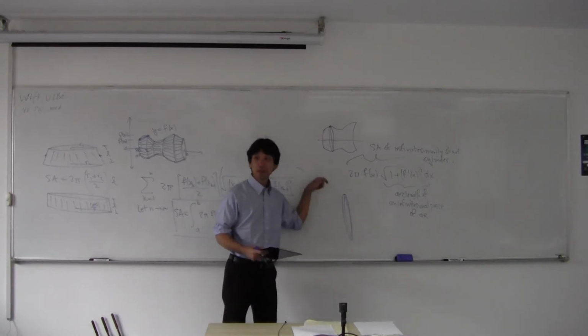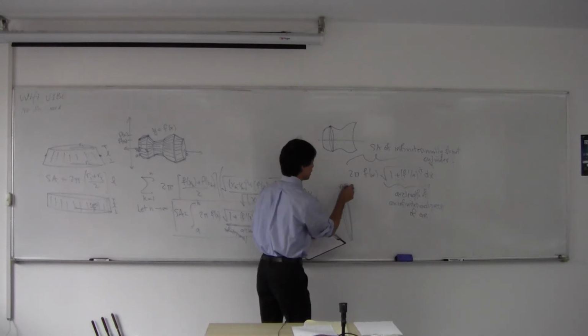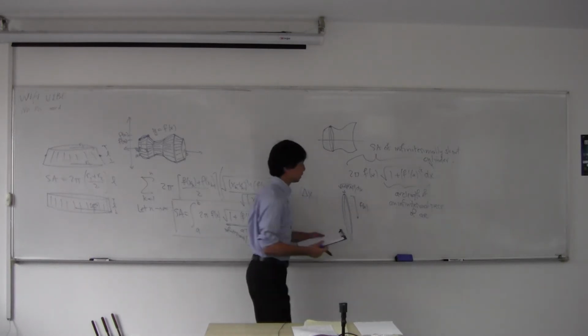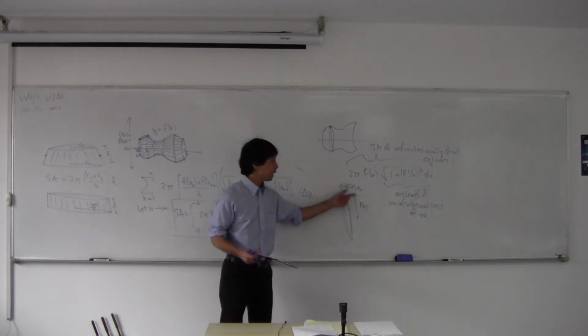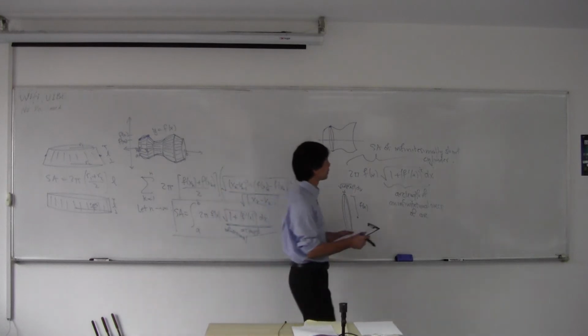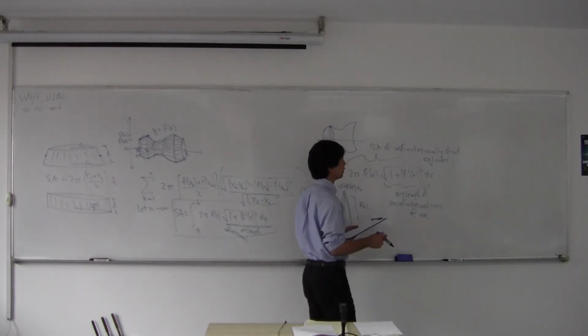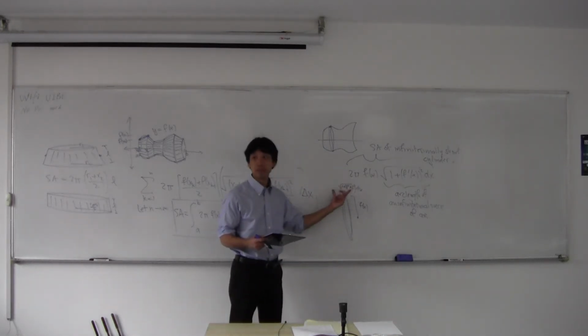The length of this thing here is the square root of 1 plus f prime squared dx, and the radius of the cylinder is f of x. So you get 2 pi r times the height of the cylinder, and the height of your cylinder is this thing.